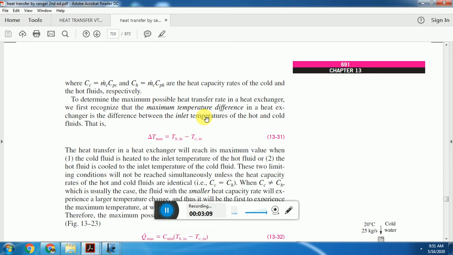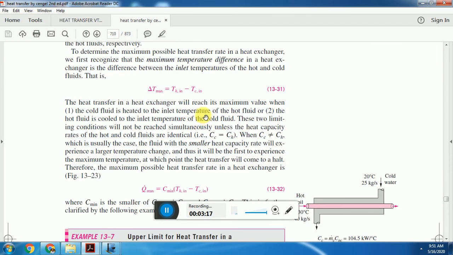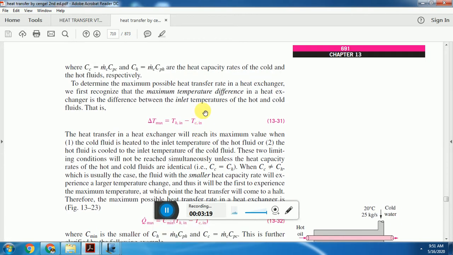Maximum heat transfer is possible when we attain the maximum temperature difference. That is when Tc naught is equal to Thi, then we will get maximum heat transfer. To determine maximum heat transfer, the maximum temperature difference is equal to Thi minus Tc. This is the maximum temperature difference.